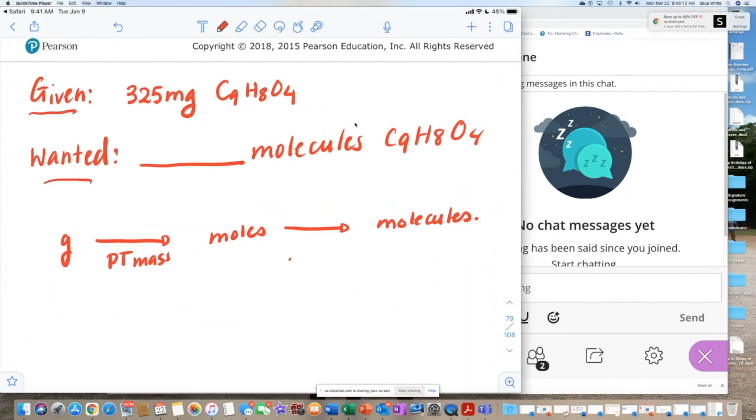From moles to molecules, I need my Avogadro conversion. So my periodic table mass has to be the mass of 1 mole of the formula. So I'm going to write here 1 mole of C9H8O4, that's the formula provided here, equals. Now I have to do math.